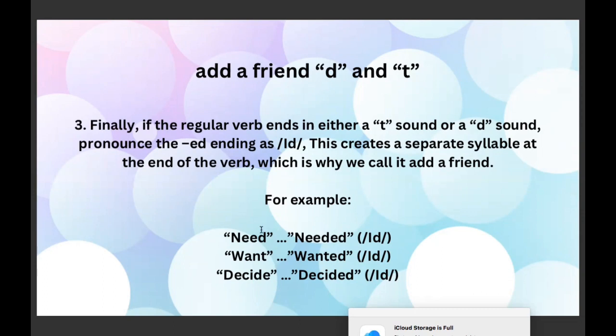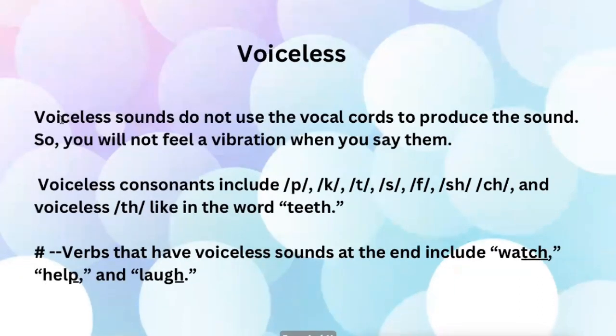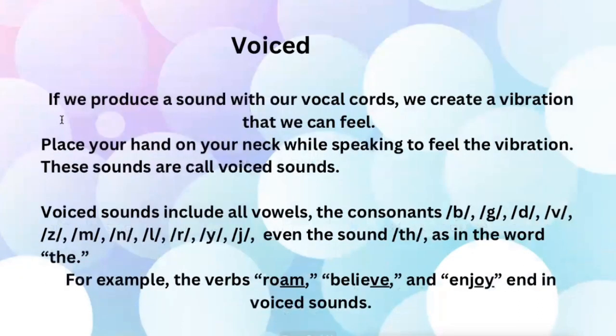So each time a word ends with any of these sounds, notice what I said, sound, it's gonna add a friend. And so it's not going alone any longer. It's to add a friend, the ed friend. And so it's going to say needed, whatever, and ed, all right? I want you to look at it from here.